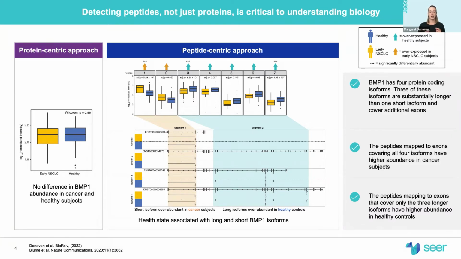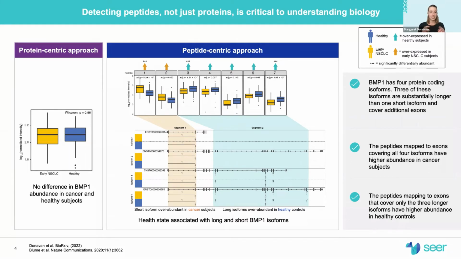In early NSCLC samples, we found increased abundance of the first two peptides, which corresponded to those first two exons. And the final 5 peptides were overabundant in healthy individuals.